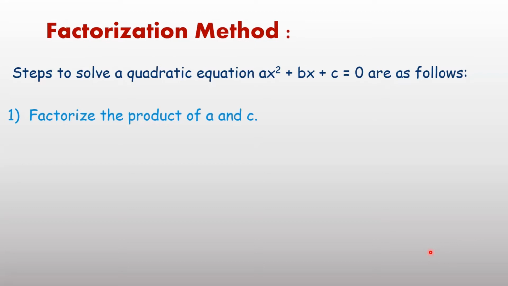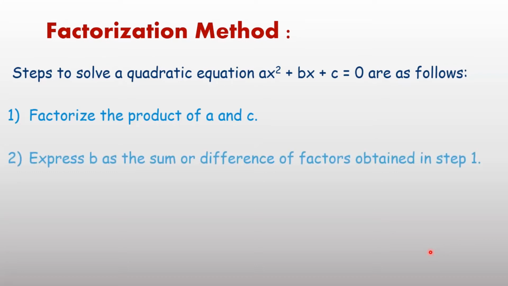In class 9, class 8 you have already covered it, but again as a revision, I want to cover it. If any equation is given, x square plus bx plus c equal to 0, first find the product of the coefficient of x square and the constant, means a and c. Then express b as the sum or difference of factors obtained in step 1.